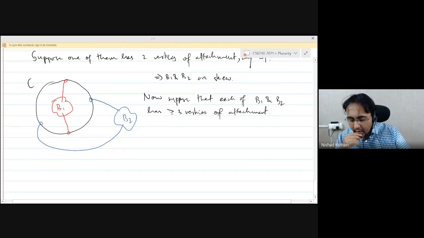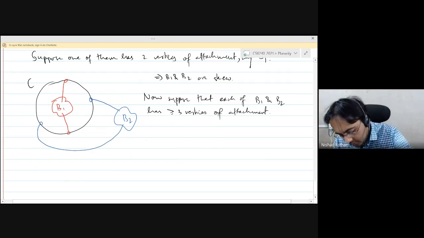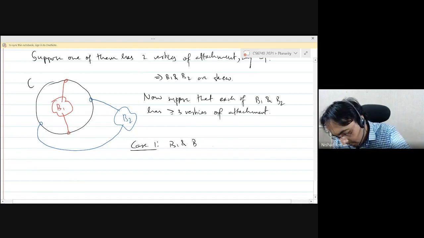Okay, now either they are equivalent or they are not equivalent, right? Which means either they have the same set of vertices of attachment or they don't have the same set of vertices of attachment. So let's consider the case where they are not equivalent. Case 1, B1 and B2 are not equivalent.